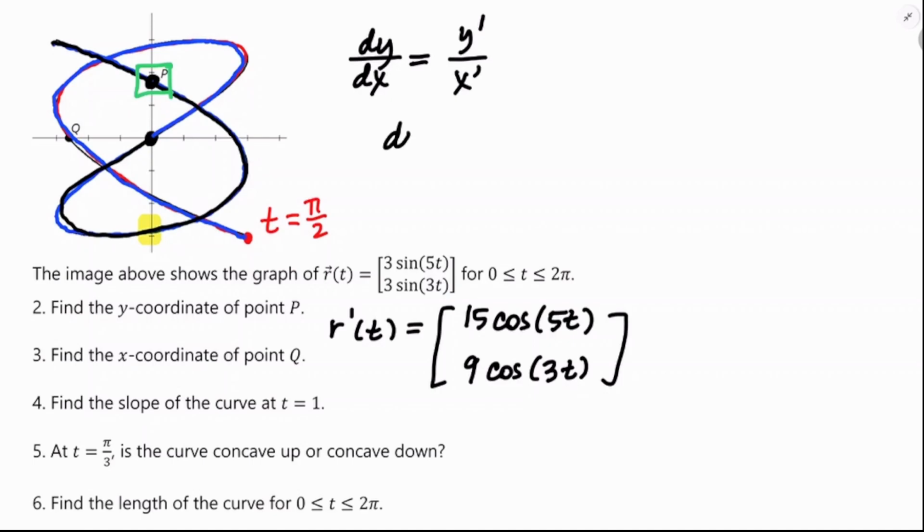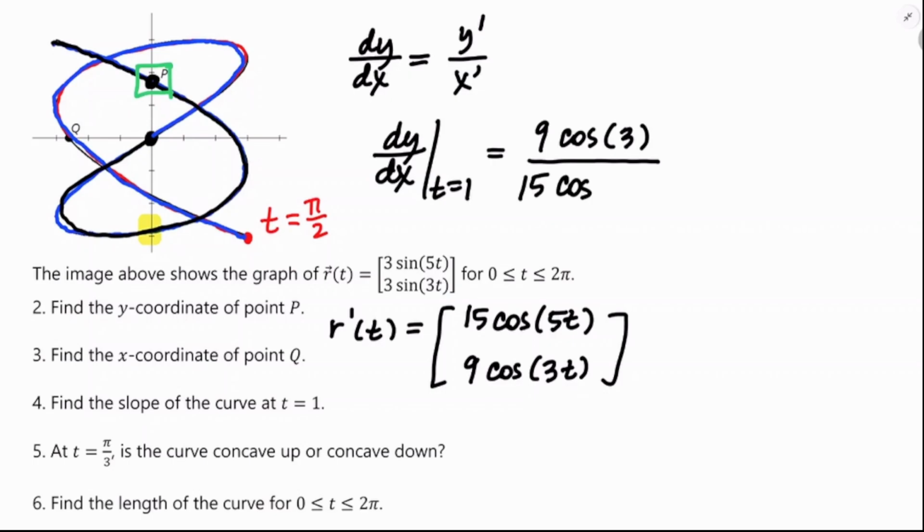And dy dx at t equals 1 will be the y coordinate of r prime at t equals 1, which is 9 cosine of 3, divided by the x coordinate at t equals 1, which is 15 times the cosine of 5. And I'm not doing these problems with the calculator, so I'm going to just be stopping there.